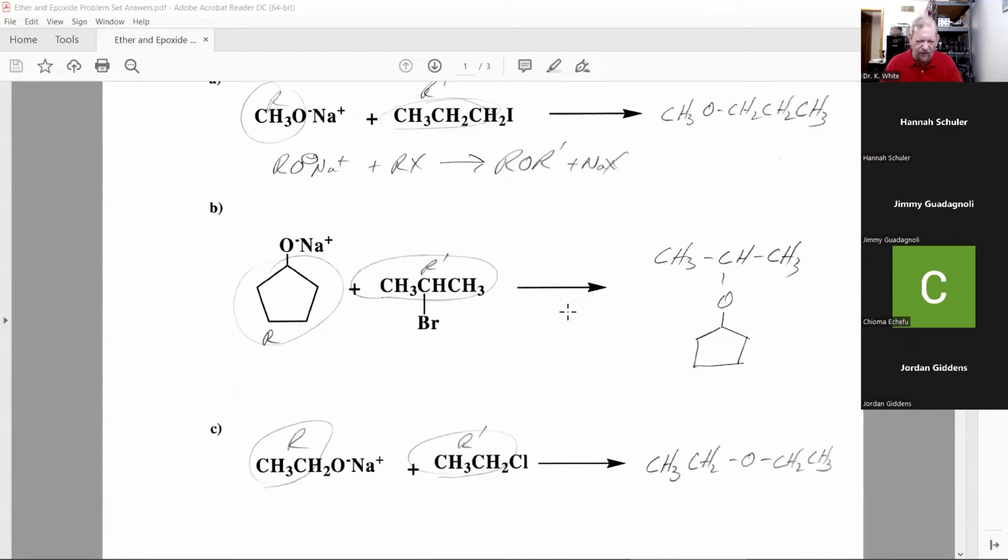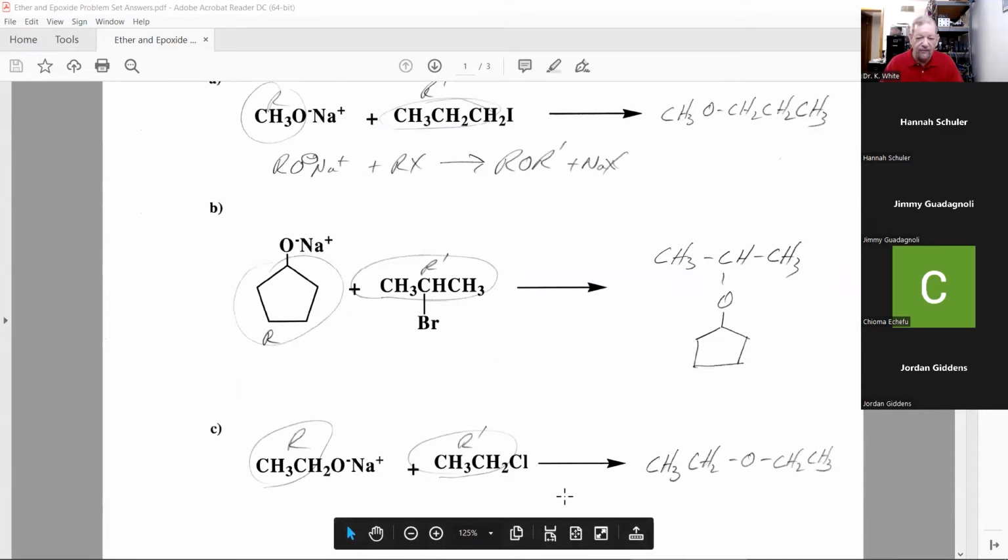Let's look at the next one. Here I also have an alkoxide plus an alkyl halide. And let me write it on my whiteboard. Hold on, let me open my whiteboard.